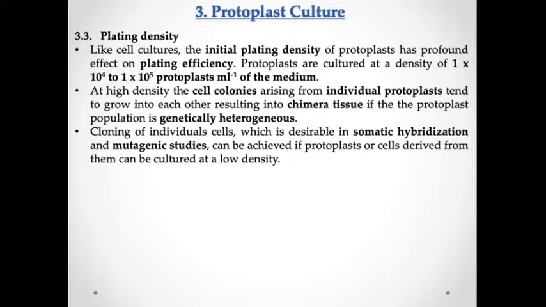This much is more than enough. At high density, the cell colonies arising from individual protoplasts tend to grow into each other, resulting in chimeric tissue if the protoplast population is genetically heterogeneous. So cloning of individual cells, which is desirable in somatic hybridization and mutagenic studies, can be achieved if the protoplasts or cells derived from them are cultured at low density.